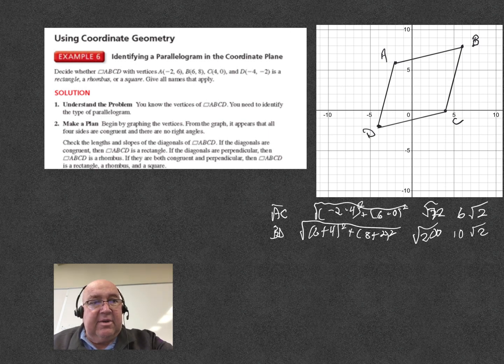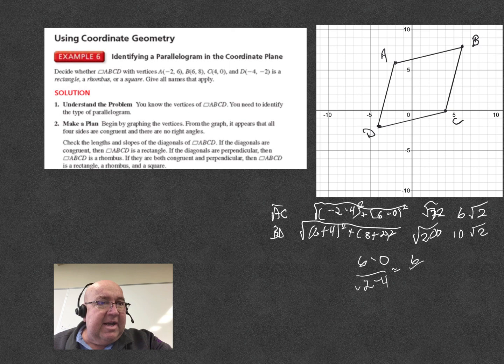Now we want to check our slope of AC. So we're going to have 6 minus 0 over -2 minus 4, and we end up with 6 over -6, so the slope of AC is -1.